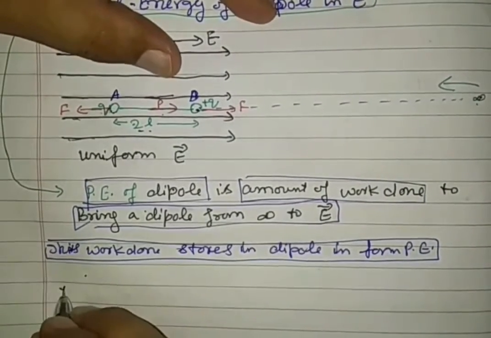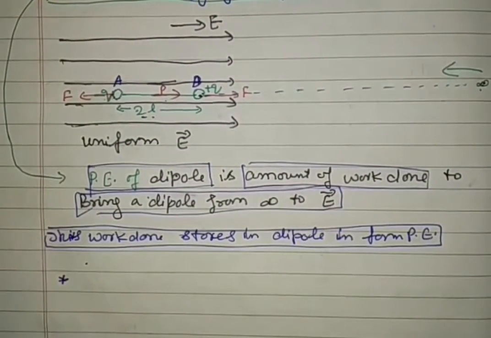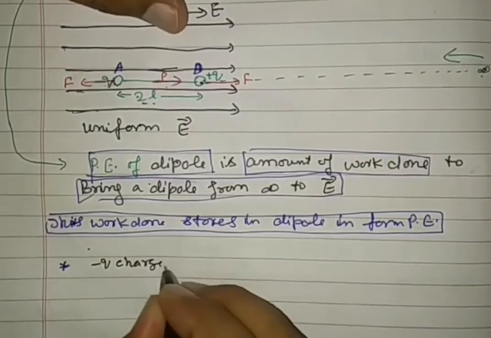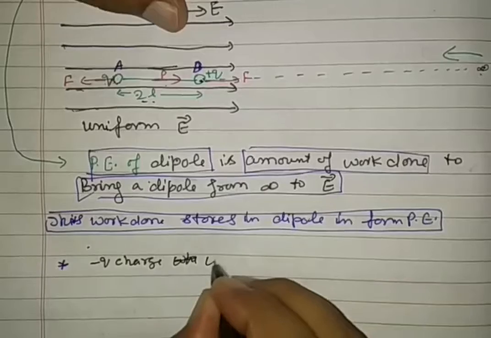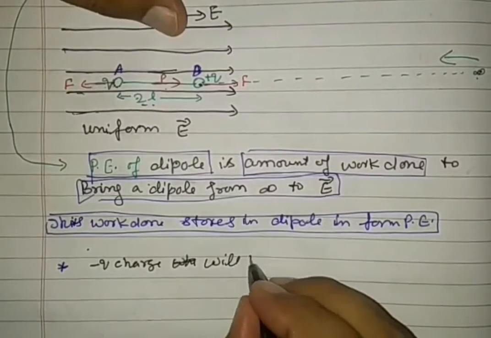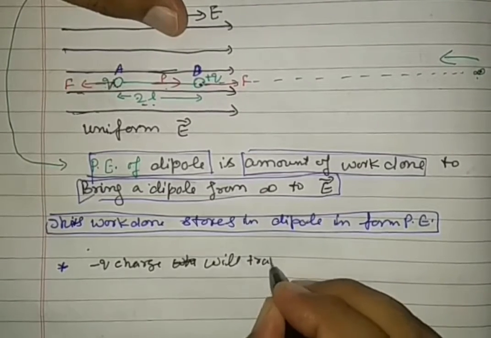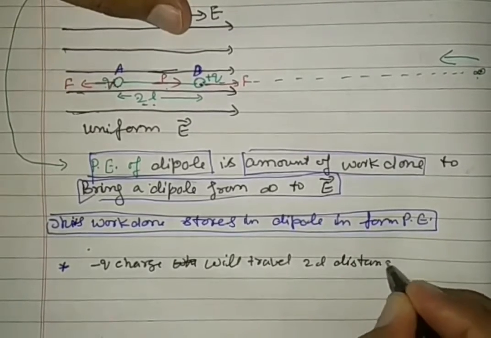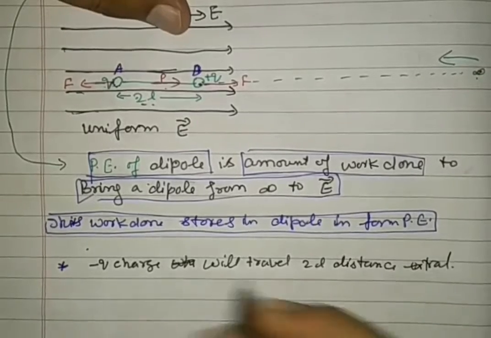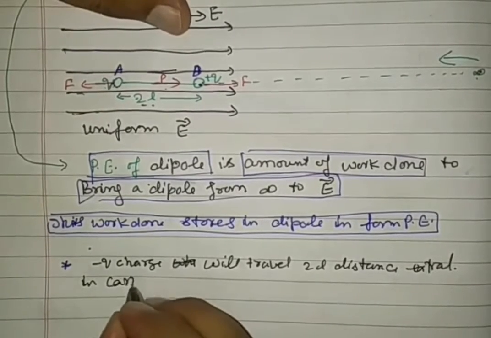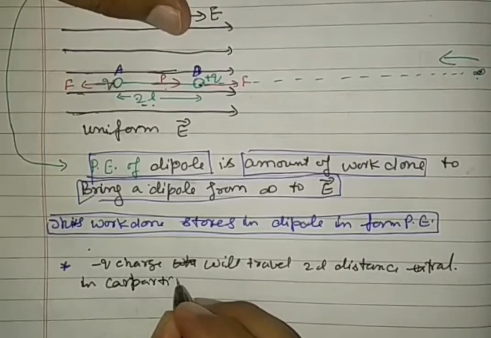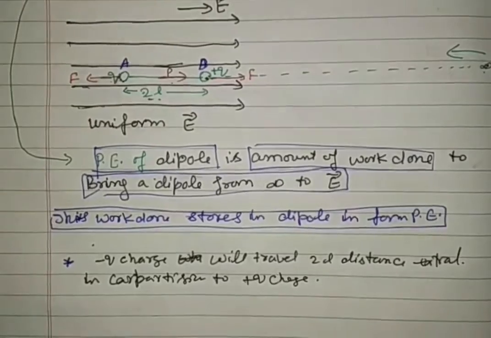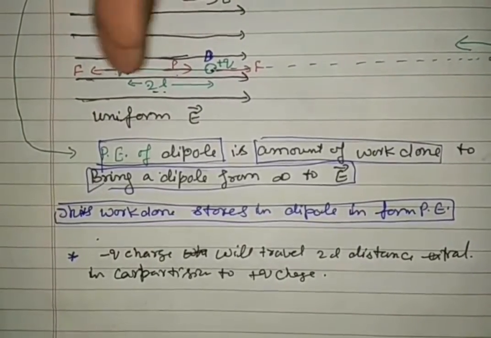This point should be clear in mind first: the minus q charge will travel 2L distance extra in comparison to the plus q charge.